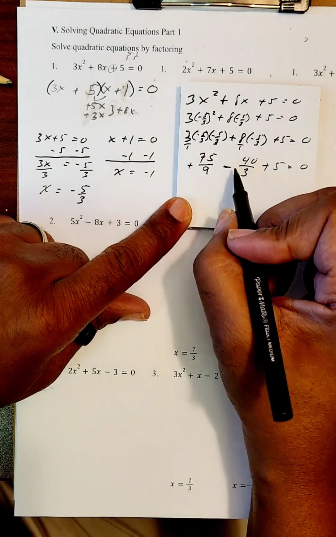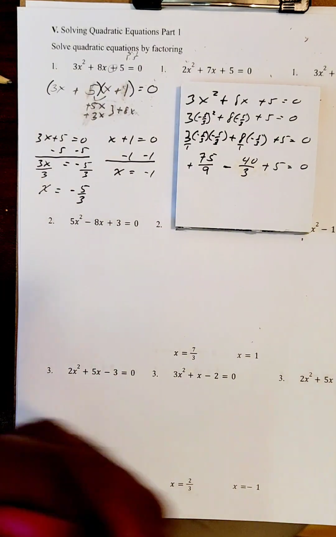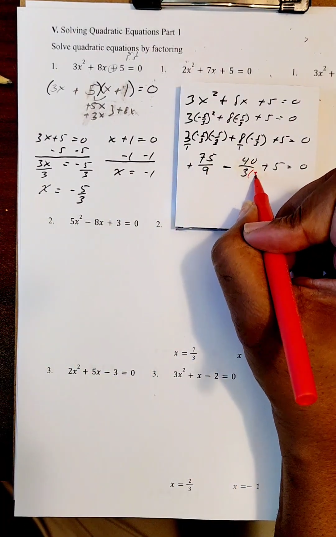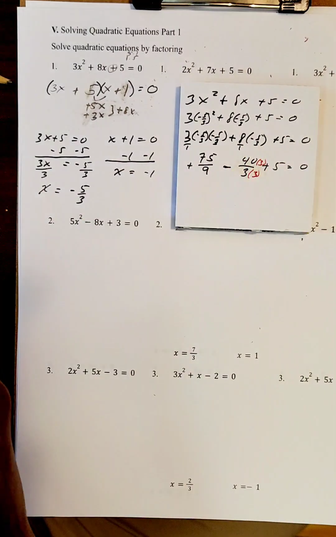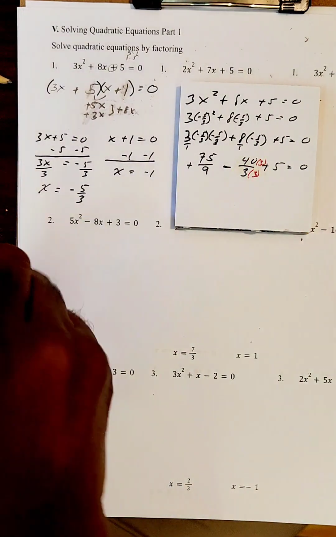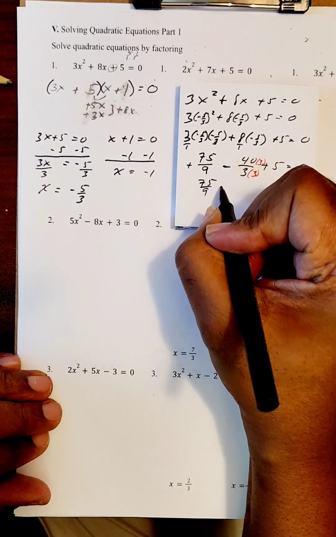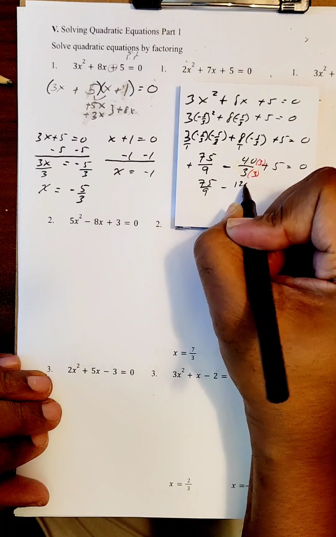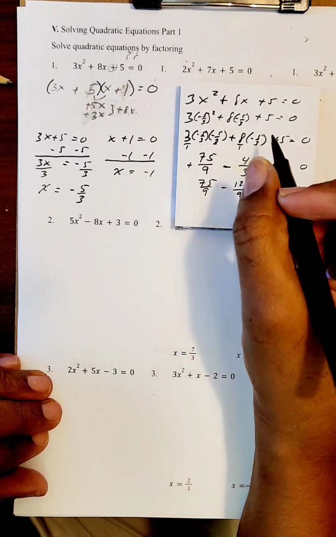Okay, to get a common denominator, I need to multiply by 3 here. So multiplying by 3 gives me 75 over 9 minus 120 over 9 plus 5 equals 0.